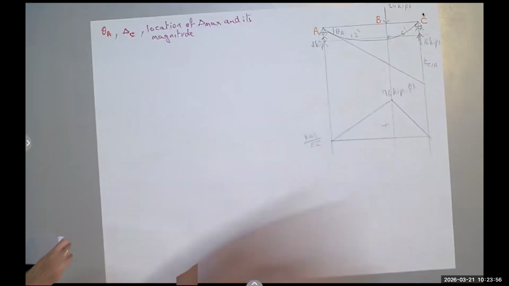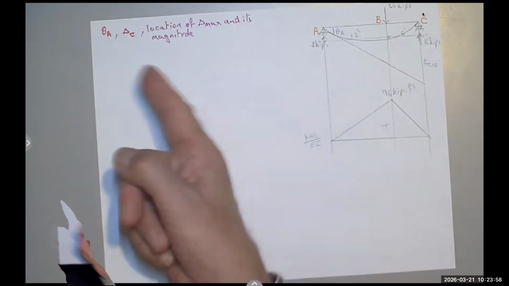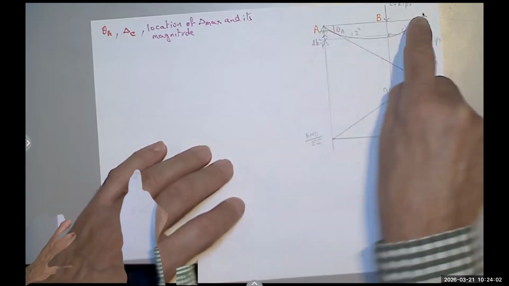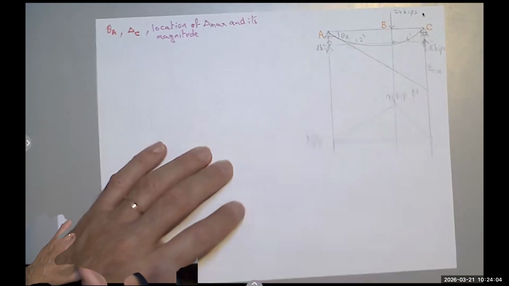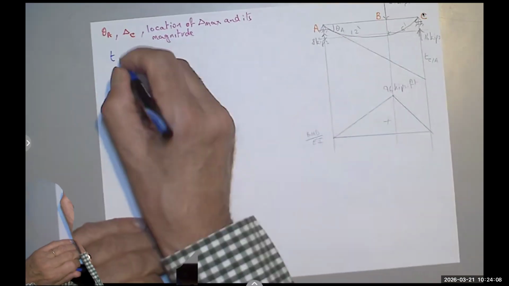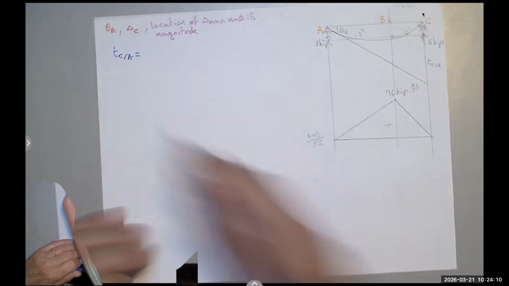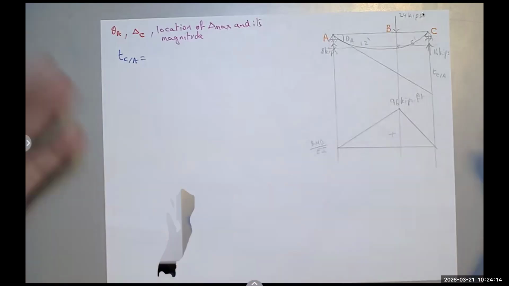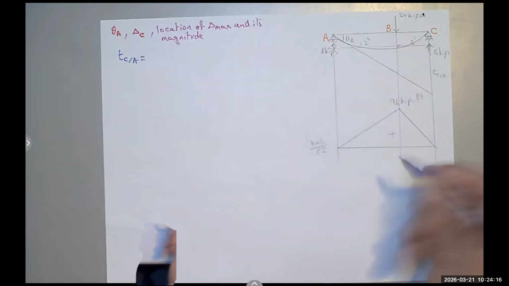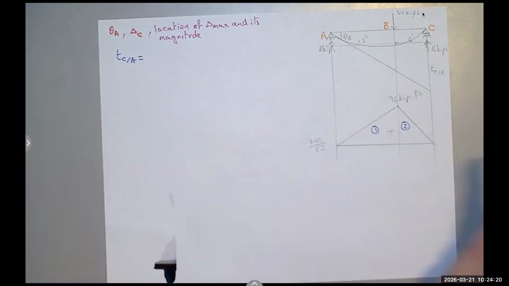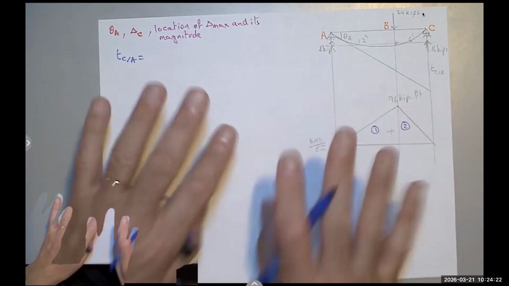Now, in order to solve for theta sub A, I know the adjacent, I want the opposite, which is TC with respect to A. So we are taking the moment about C. If we say this is one triangle and this is a second, or you can do it once and for all, but let's play it safe.